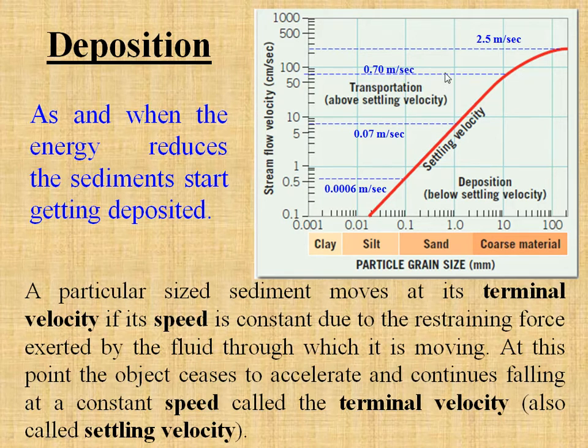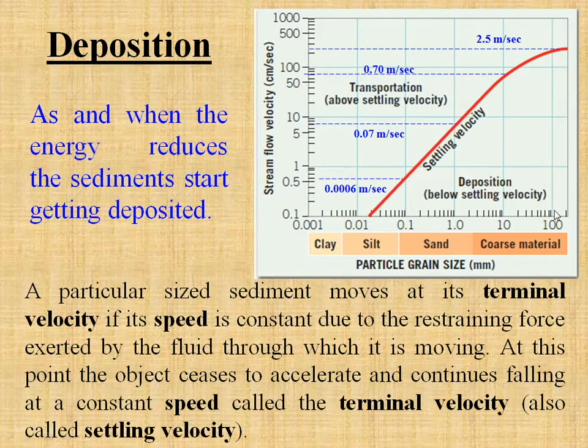As and when the velocity of water becomes lower than 0.7 meters per second, this 1 centimeter or 10 millimeter size sediment will get deposited. It will not be able to keep moving, getting transported, if the velocity becomes lower than that.